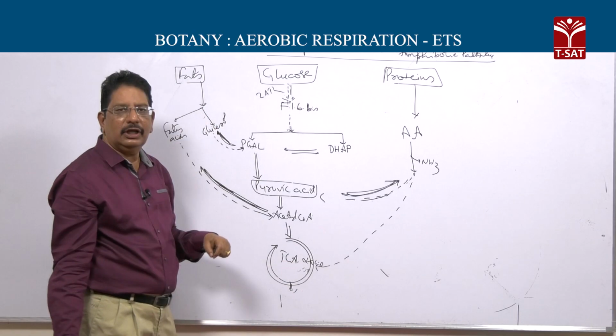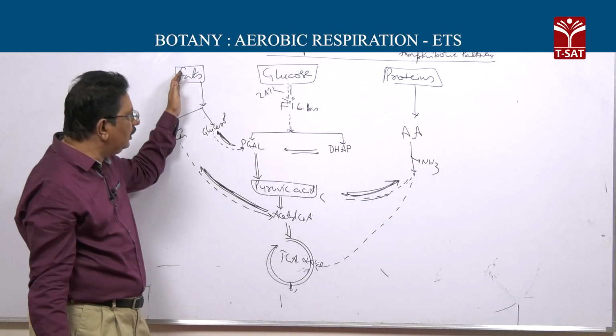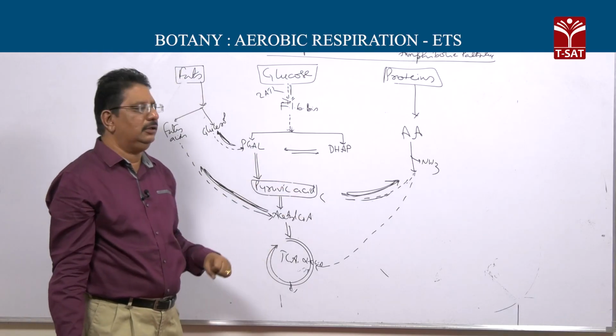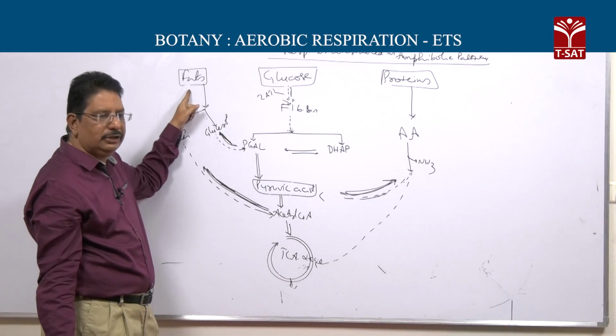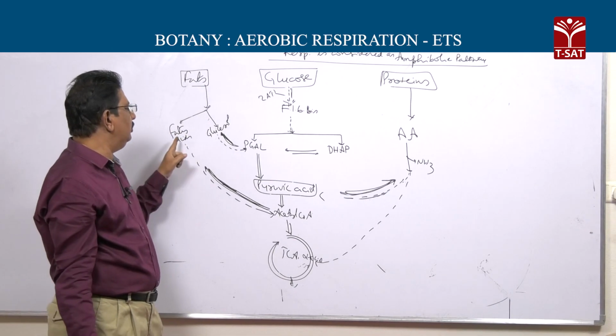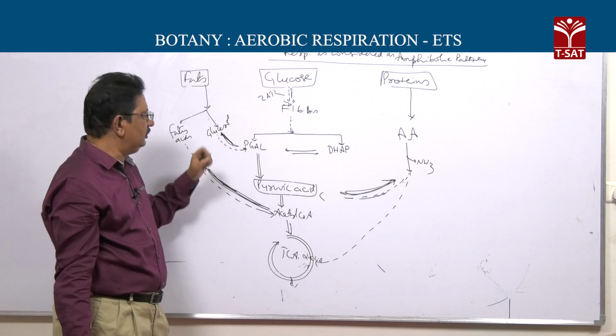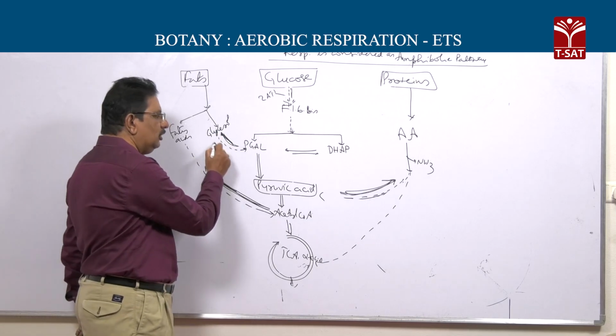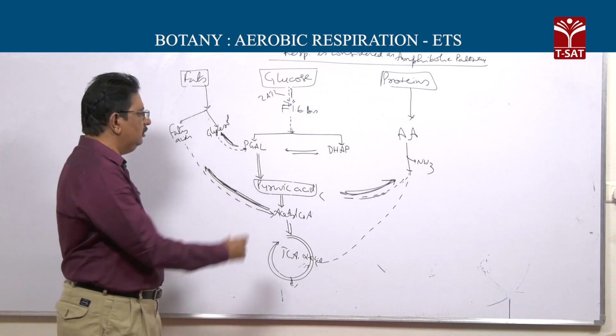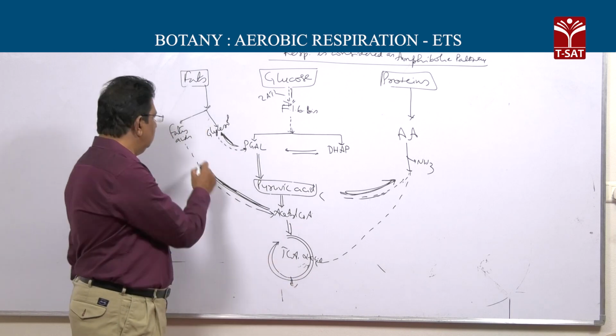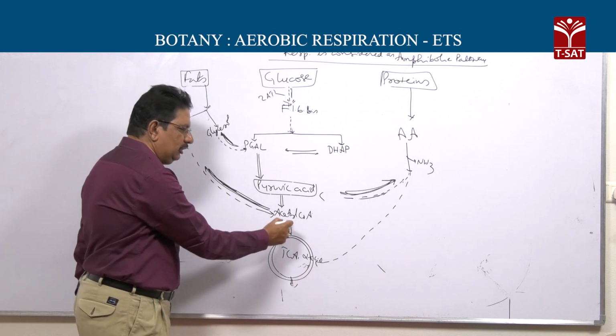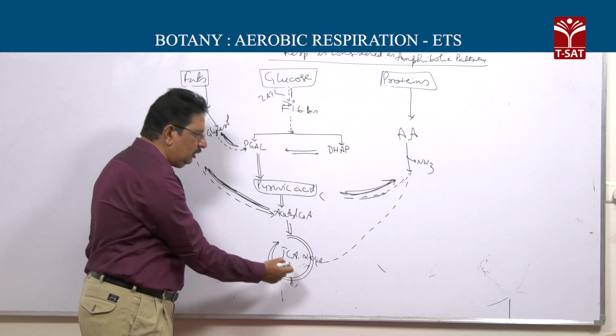Fats, if at all they act as a respiratory substrate, cannot directly respire. Because of that complexity, they are first broken down into fatty acids and glycerol, and glycerol converts into PGAL and takes part in respiration. Fatty acids convert into acetyl coenzyme A and take part in respiration.